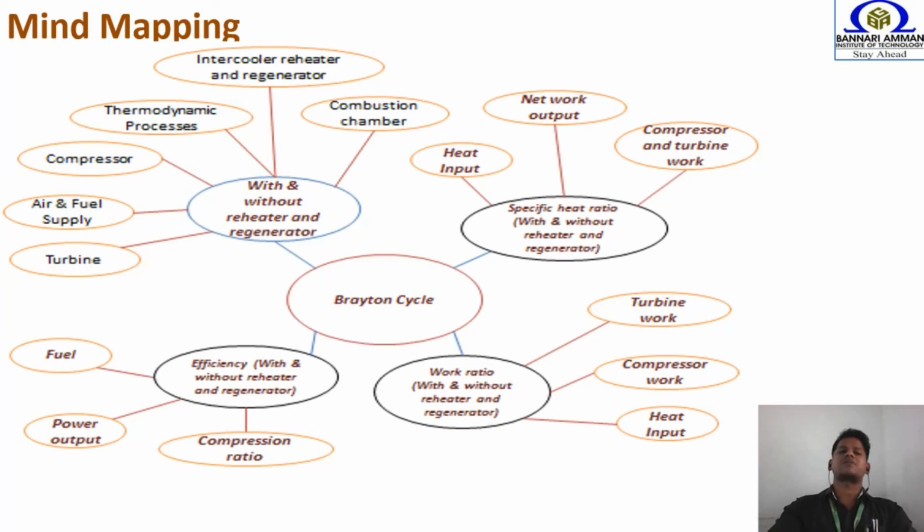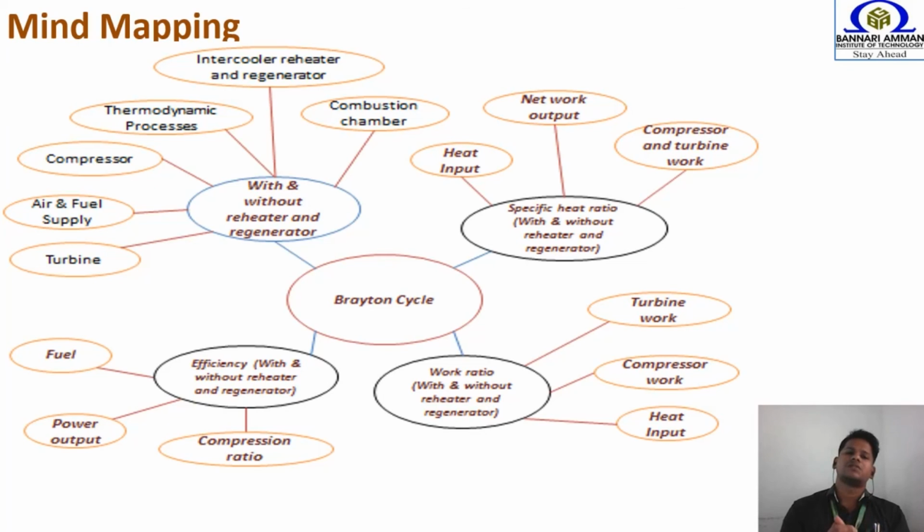And you have the compressor, the combustion chamber, and the turbines, where you can understand how to compute the performance of each system, and how to compute the performance of the Brayton cycle with reheater, without reheater, with regenerator, without regenerator, and with intercooling, without intercooling.